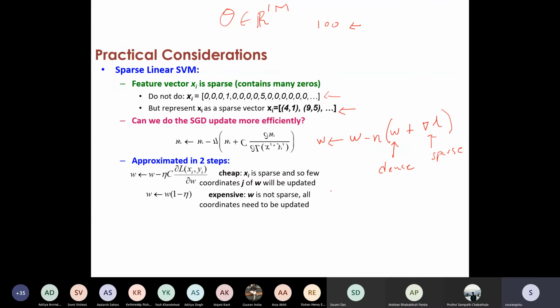So this dense update is expensive. You can do the dense update maybe once every 100 times, and use the sparse update every time. So you skip the dense one and do it once every 100 updates, while this update you do every time. This is another practical way of speeding up the updates.